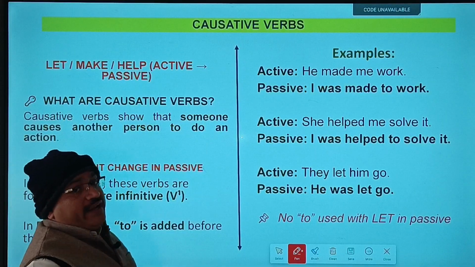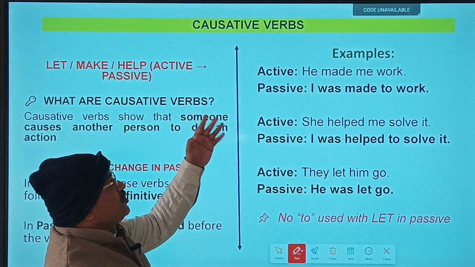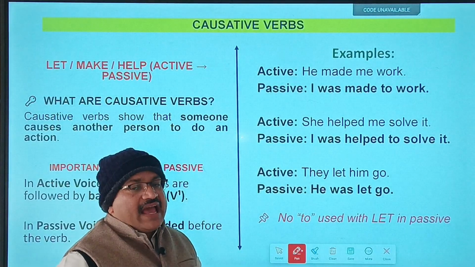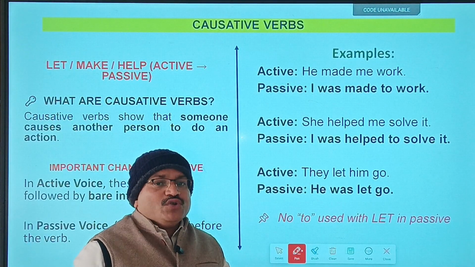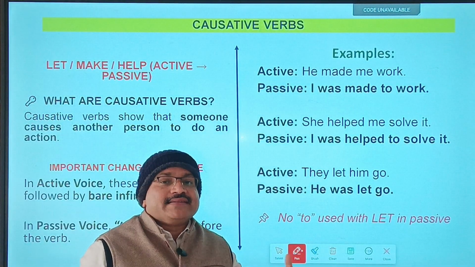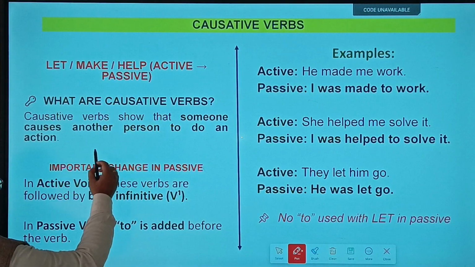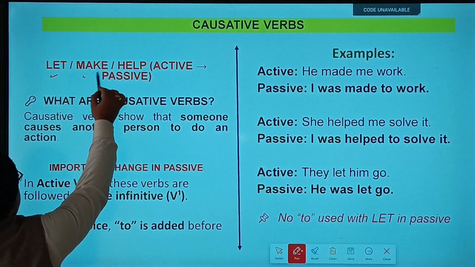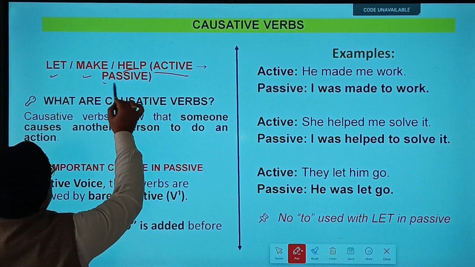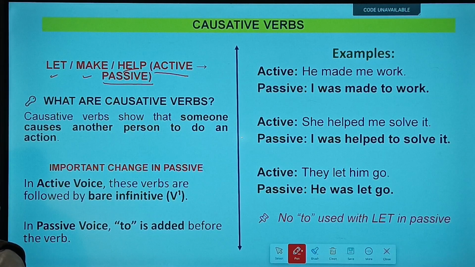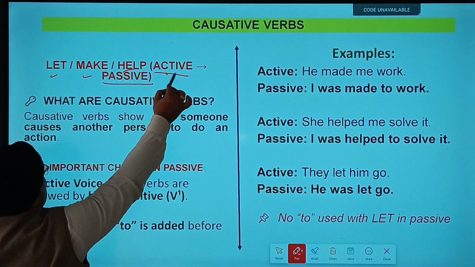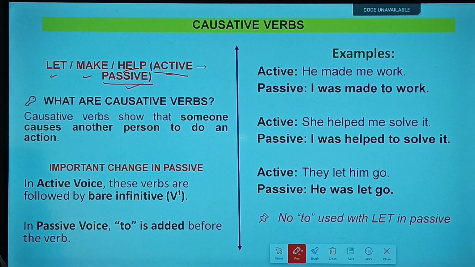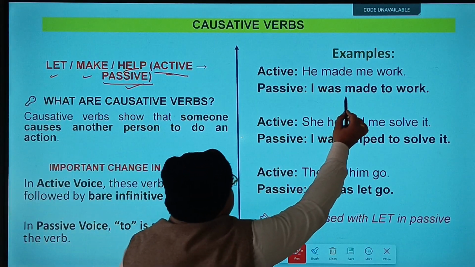Now friends, this is again a very important one, causative verbs. When the sentence has causative verbs, how do we change that sentence into passive voice? Let us see. Let, make, help, these are the active causative verbs, and we'll see how to change such sentences into passive voice. He made me work.